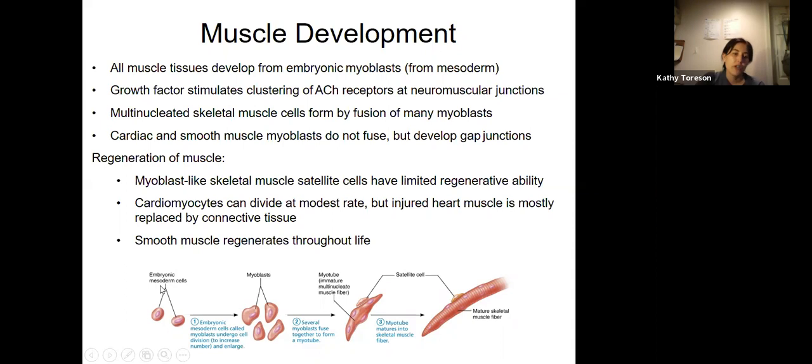The mesoderm is what gives rise to our muscle tissue. So here we see those mesoderm cells differentiate into myoblasts, and then myoblasts can divide and produce all of our muscle cells.